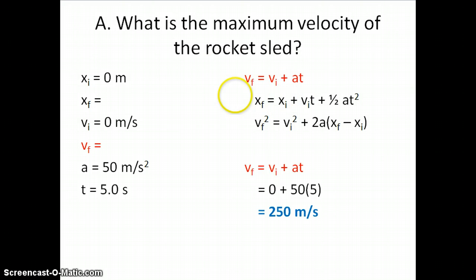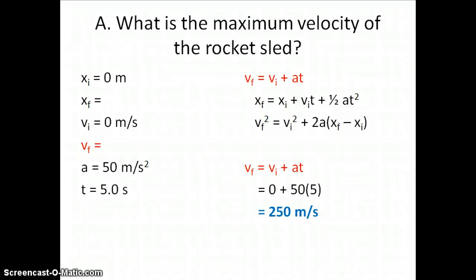So in the first equation, we're looking for VF. We have VI, and we have A, and we have T. So we could very well use this because this is what we're looking for, and this is all what we have. So we don't even need to look any further. So I write the equation, I plug it in, and we have our final velocity is equal to 250 meters per second. So that takes care of part A.